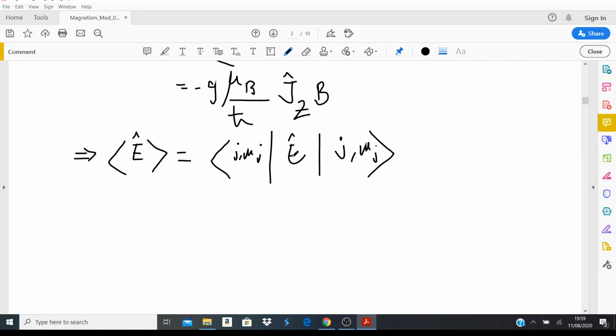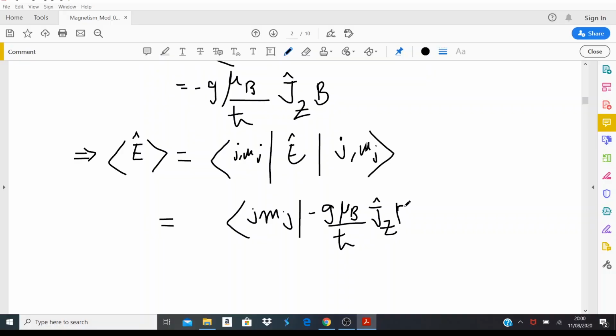So now you can put the operator inside this expectation value. So let me write it: bra J Mj, then minus g mu B by h bar times the Jz operator times the magnetic field, then ket J Mj.